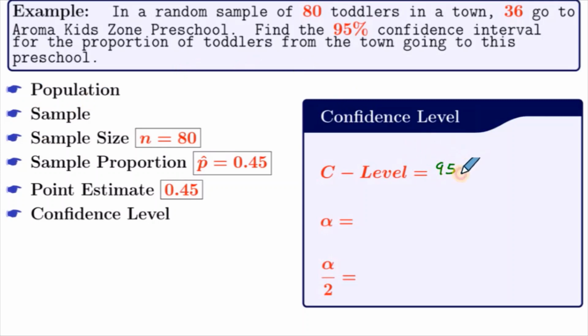Next is confidence level, and it is given to be 95% or 0.95. And alpha is 1 minus confidence level. So that will be 1 minus 0.95, which is equal to 0.05.